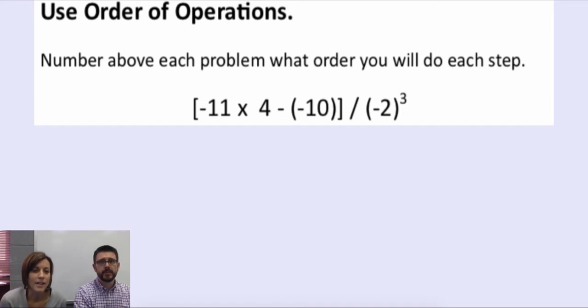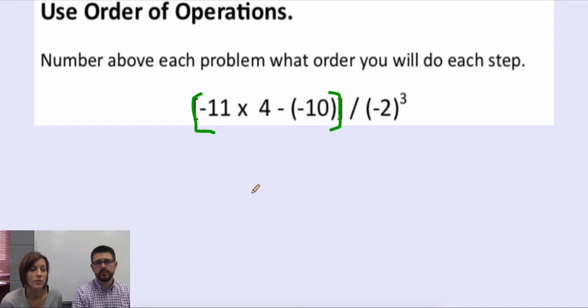All right, number above each problem what order you will do each step. Ooh, showing work before we get started. All right, we do have brackets. Instead of parentheses, they're using parentheses more to identify the negatives. So you're going to see brackets in order of operations with negative numbers.